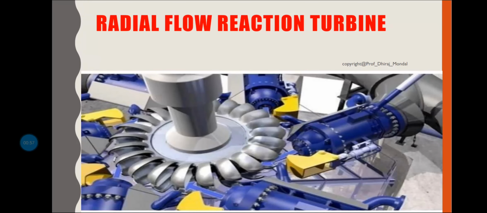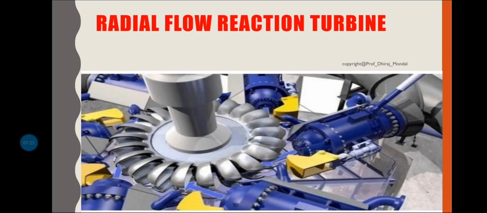As you all know, last class we discussed the impulse turbine, the tangential flow impulse turbine, its velocity triangle, work done, and how we can calculate the efficiency of a Pelton wheel. Now this is your reaction turbine, the radial flow reaction turbine.